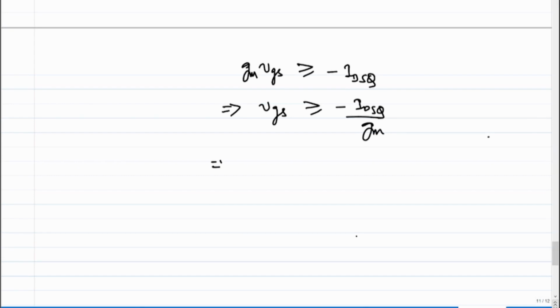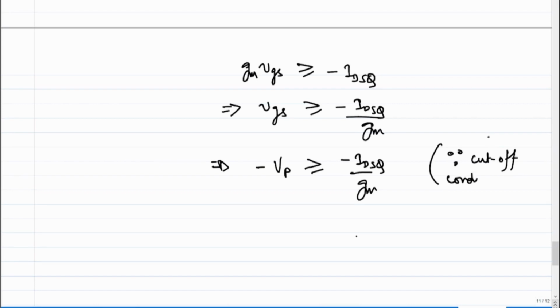So when VGS is minus VP, this should be greater than minus IDSQ over GM, since the cutoff condition is decided by the negative half cycle, right?